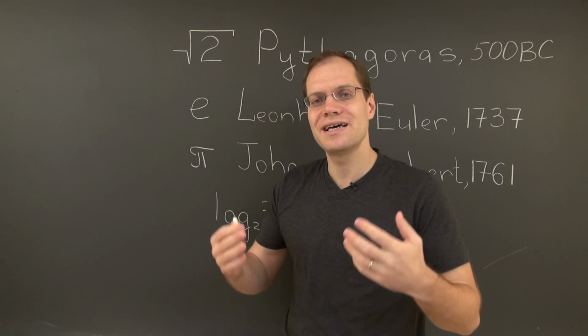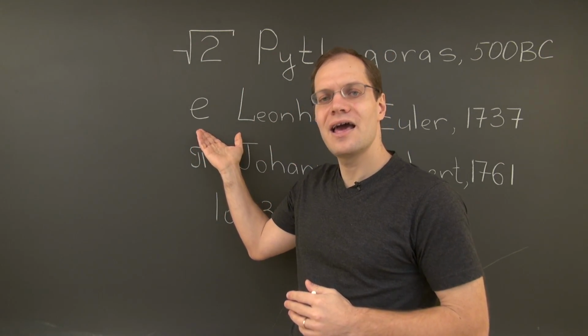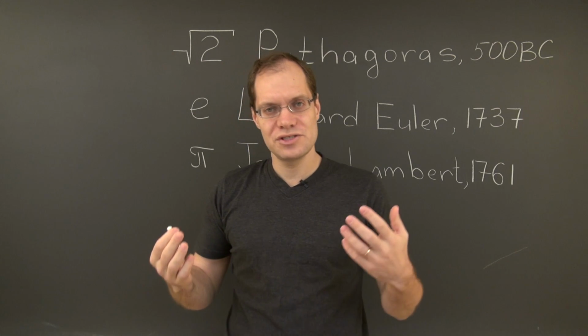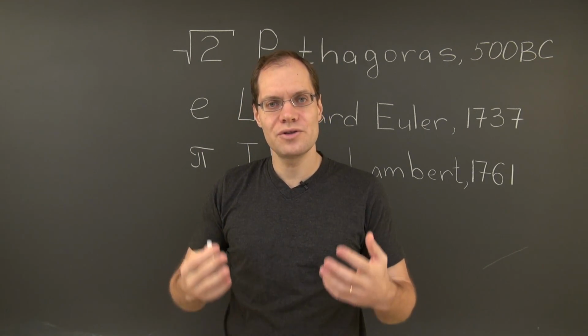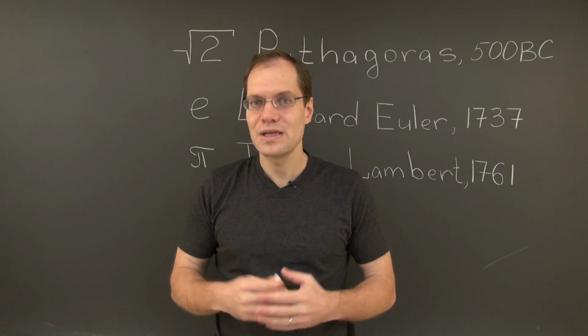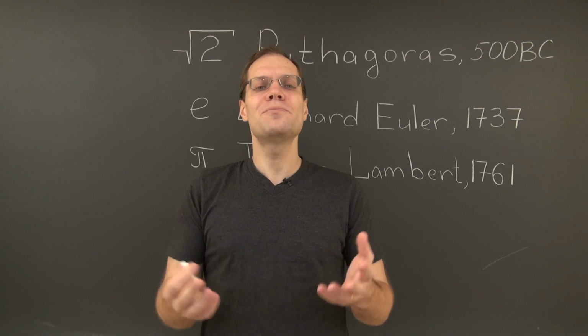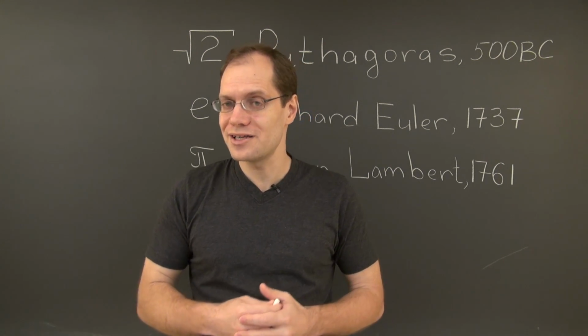So if you want to prove that e is irrational, you have to use the definition of e. And so, unavoidably, you will have to use calculus in order to show that e is irrational. And that's very difficult to do. If you were to pause the video right now and try to prove that it's irrational, you will probably not be able to do it too quickly.